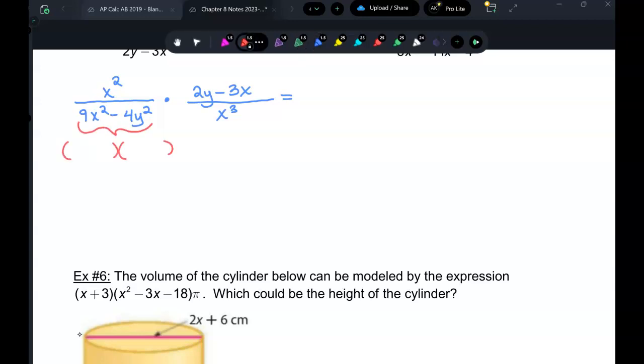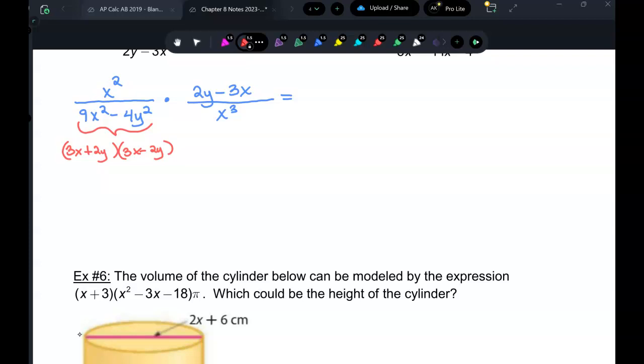Just kind of save some space. Are those both perfect squares? 9x squared and yes. Okay, so it's going to be 2x plus 3y. Sorry, I did that backwards. 3x plus 2y and 3x minus 2y.